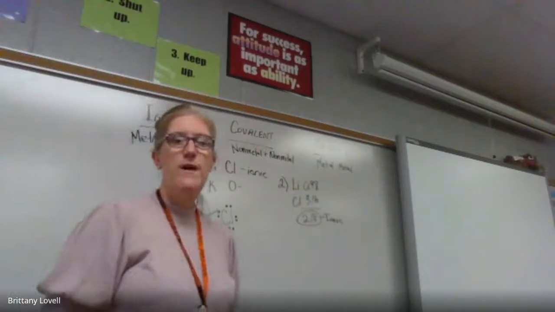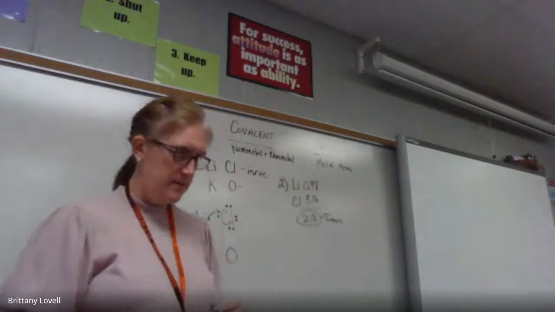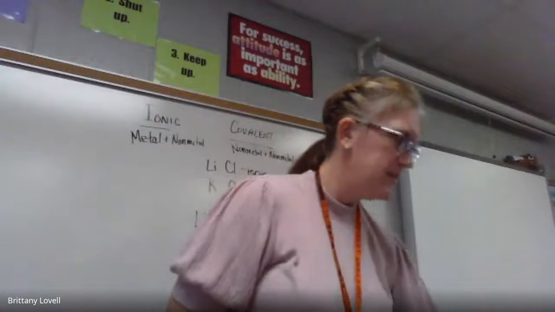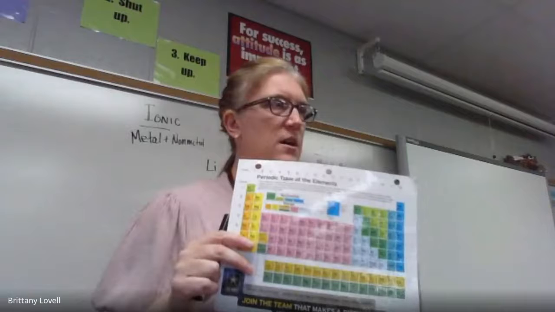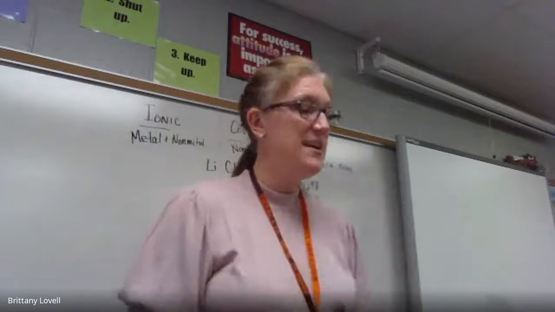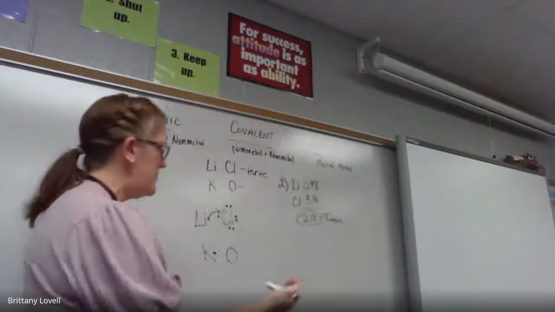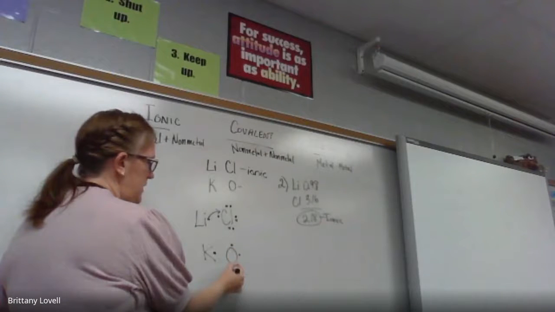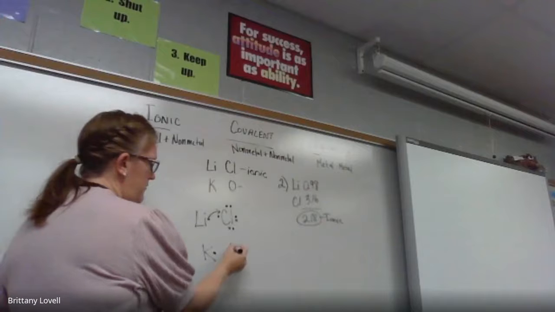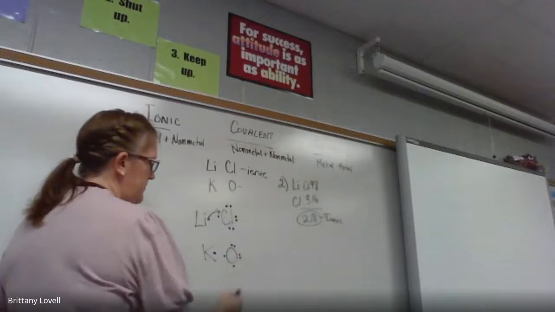Everybody find O. Find oxygen. It's in group 16. It's right there somewhere. Okay. So 16, how many dots would you draw? 6. Yeah, 6. And remember, round robin. 1, 2, 3, 4, 5, 6.